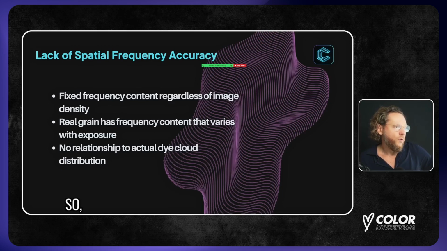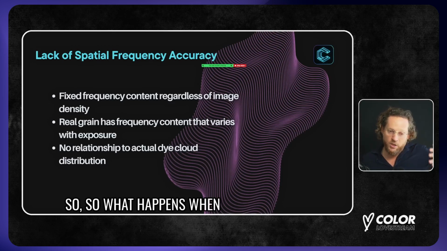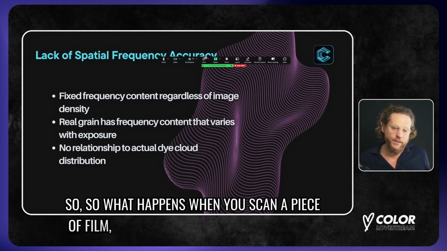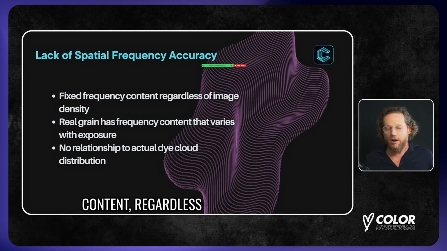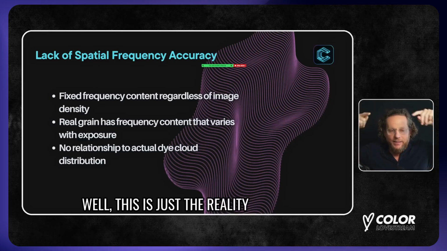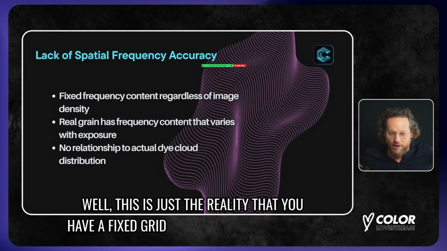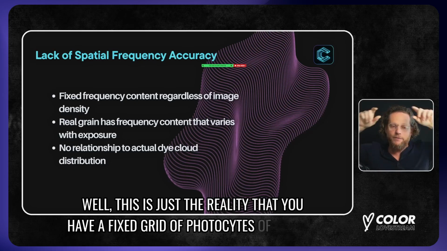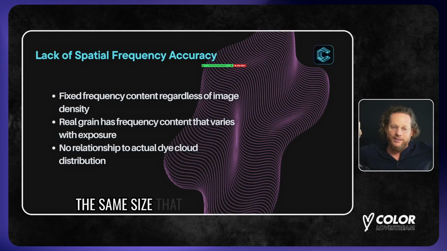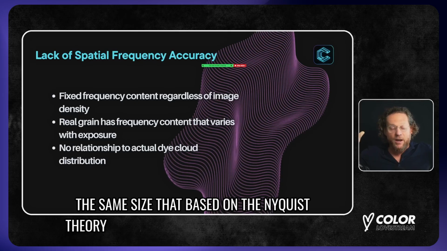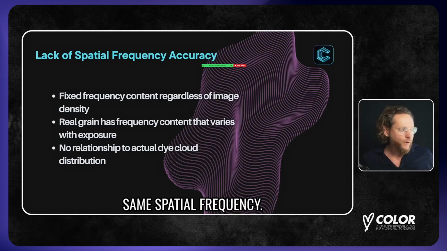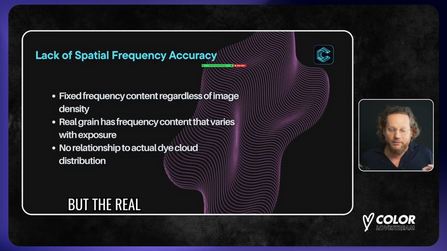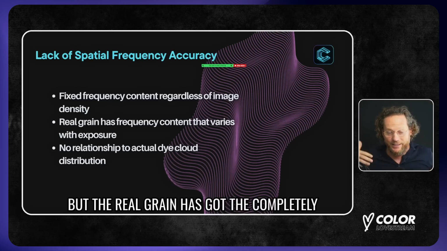Okay? So what happens when you scan a piece of film, you end up with a fixed frequency content regardless of image density. Why is that? Well, this is just the reality that you have a fixed grid of photosites of exactly the same size that, based on Nyquist theory, are all going to sample exactly the same spatial frequency. Okay? But the real grain has completely different frequencies.